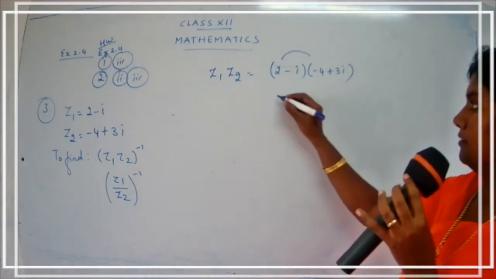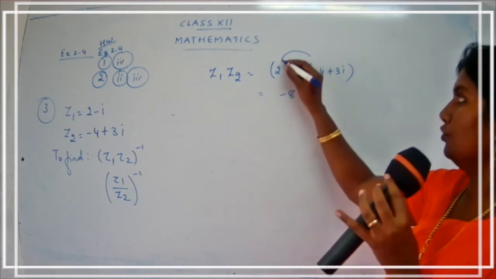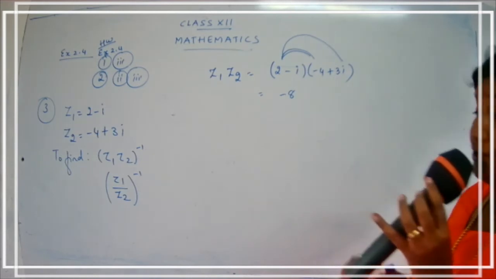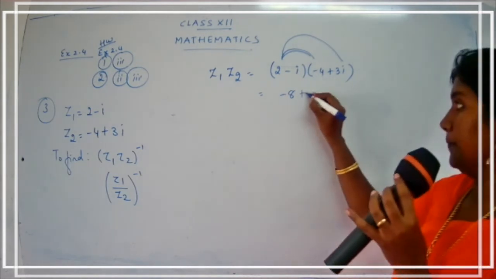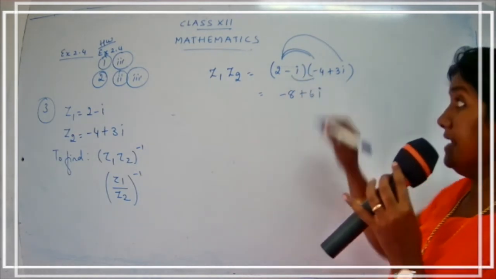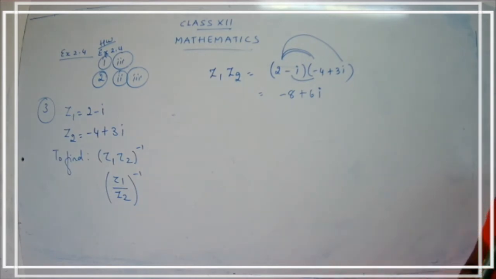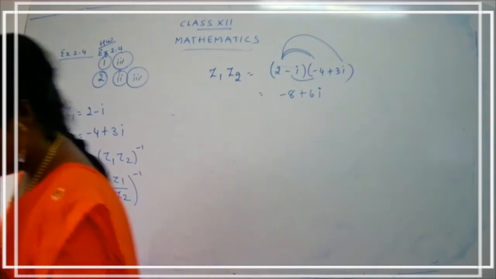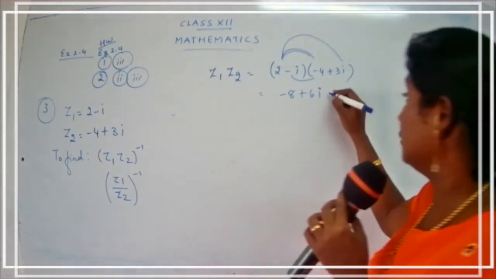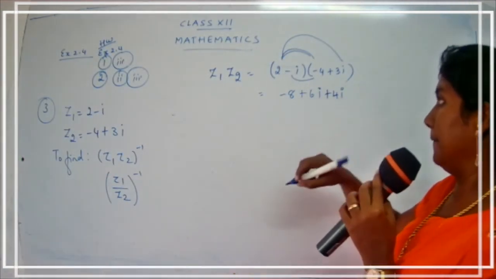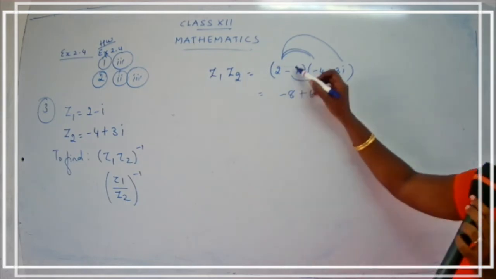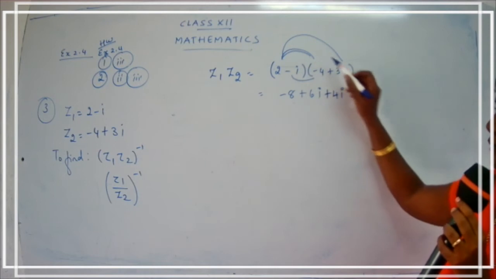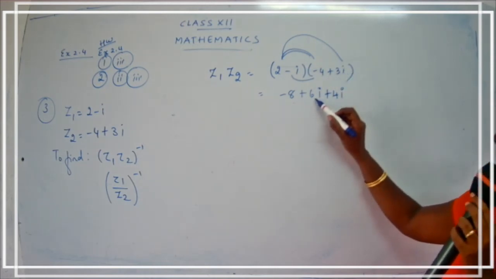Just multiply. 2 into minus 4, minus 8. 2 into 3i, 6i. Minus i into minus 4, that's plus 4i. Yes, good. Plus 4i. Are you clear, children? 2 into minus 4, minus 8. 2 into 3i, 6i.